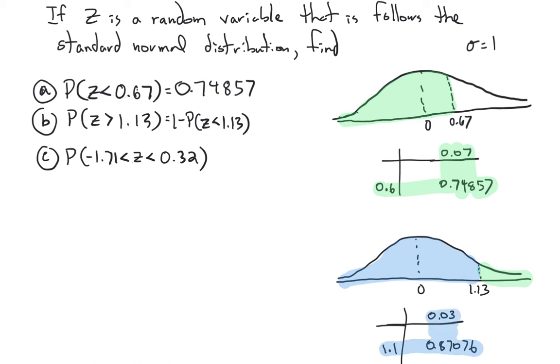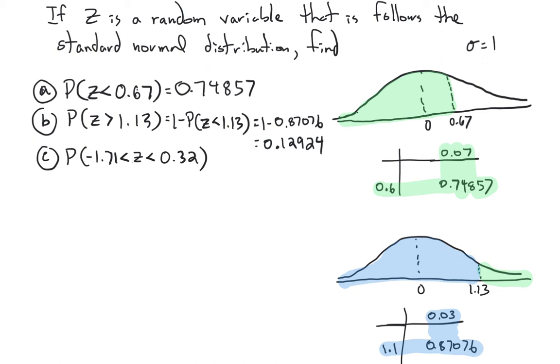And if we subtract that from 100%, we get the leftover area in green. So this is going to be 1 minus 0.87076. And if you do that subtraction, you get 0.12924. So roughly 13% of the area is above 1.13 standard deviations from the mean.